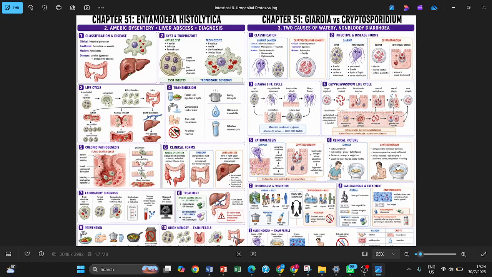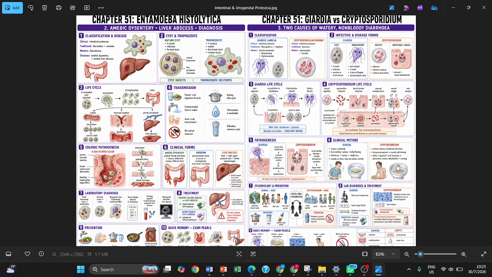It affects the cecum and the colon. It invades the mucosa, it's actually invasive. That's where the dysentery part of it comes from. Because if you remember from your bacteriology lectures, E. coli and Shigella that are invasive lead to dysentery, right? So that's what's happening here with your Entamoeba histolytica.